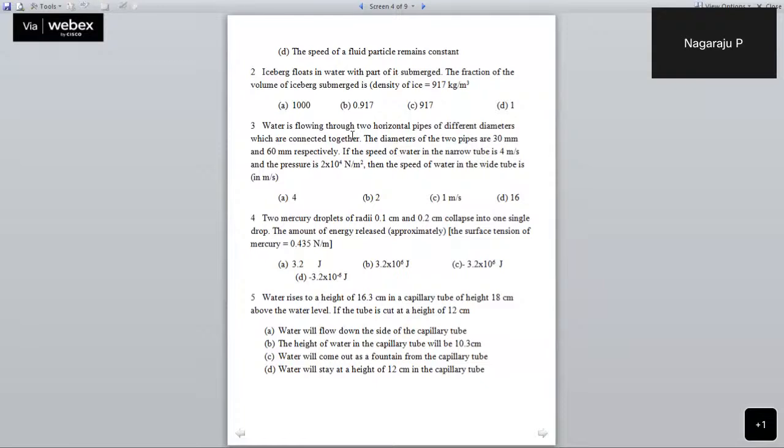If the speed of water in the narrow tube is 4 meter per second and the pressure is 2 into 10 raised to 4 Newton per meter square, then what is the speed of water in the wider tube?